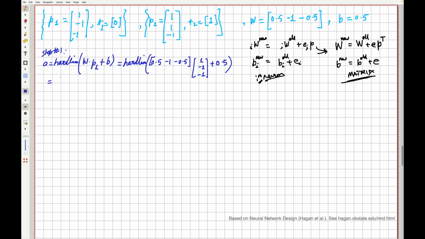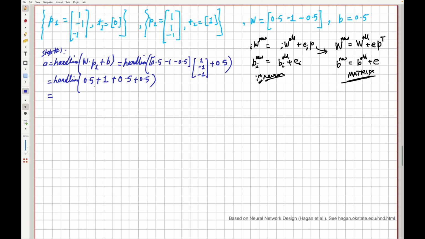Through this we perform the calculation of the dot product inside hardlim, and this becomes 0.5 times 1 is 0.5, plus minus 1 times minus 1 is plus 1, plus minus 0.5 times minus 1 is again plus 0.5. Then we have the plus 0.5 from the bias after that.